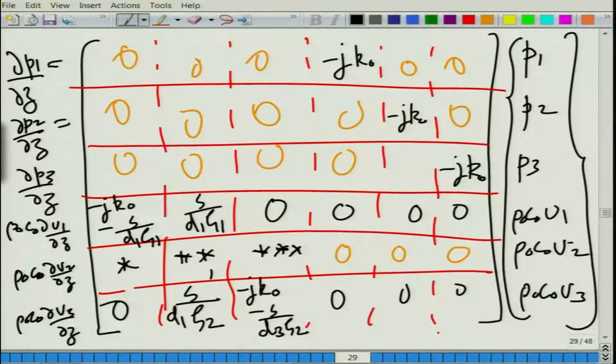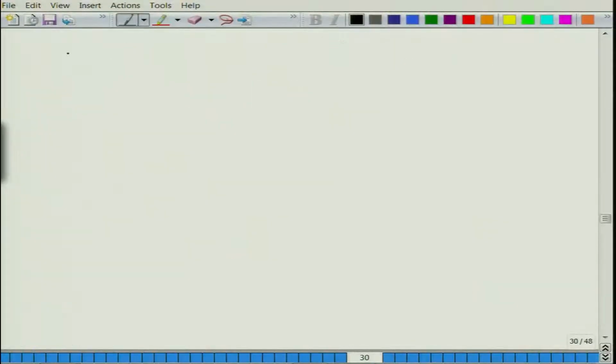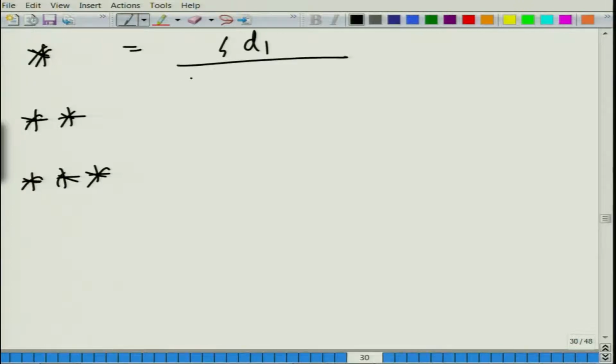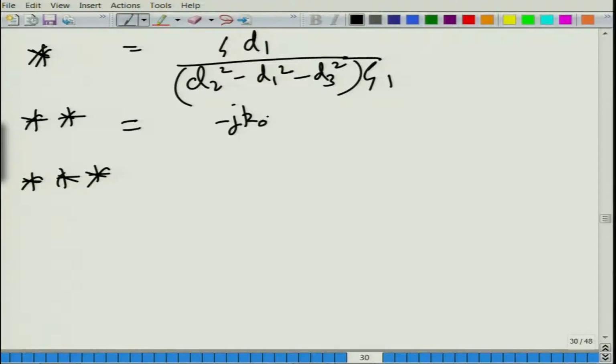So, what are these stars? So, these stars are pretty much expressions looking of the same form, just that they have few more terms. So, 4 d1 divided by d2 square minus d1 square minus d3 square and zeta 1, okay, minus j k naught. So, you should avoid the typo.